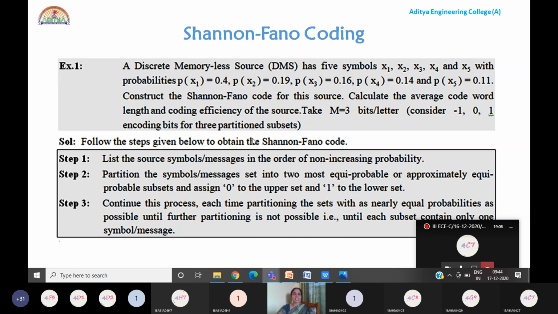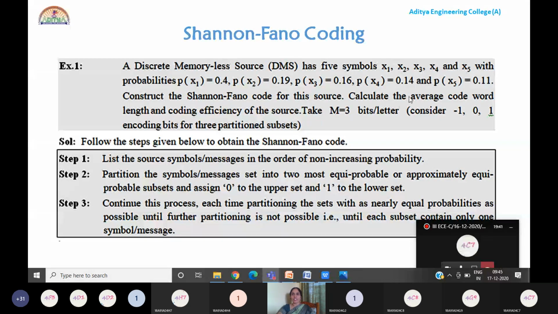There won't be any change in the entropy even if you consider the m value as 2 or 3, because entropy relies completely on the probability, which is fixed as usual. Entropy is minus summation k equal to 1 to n of p_k log p_k base 2, so it relies only on the probability.